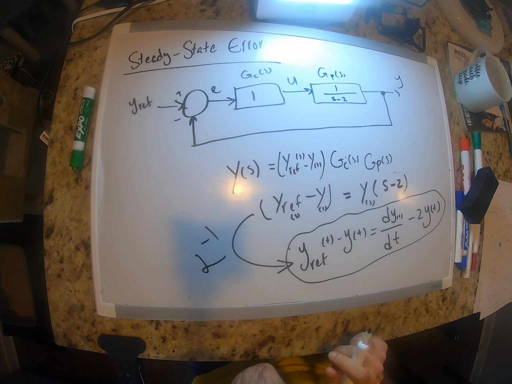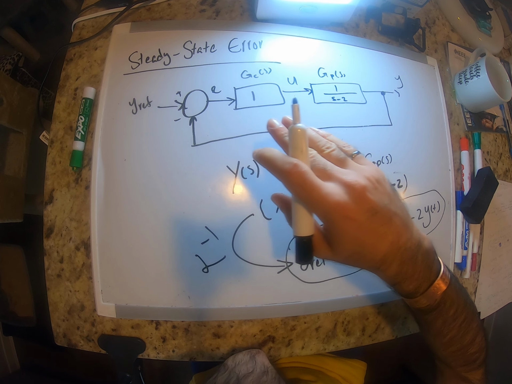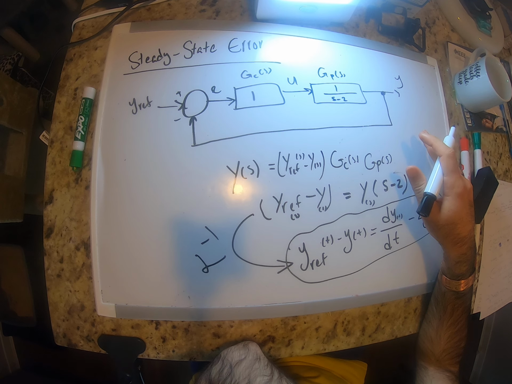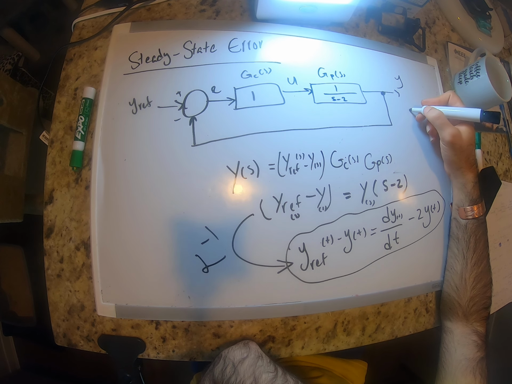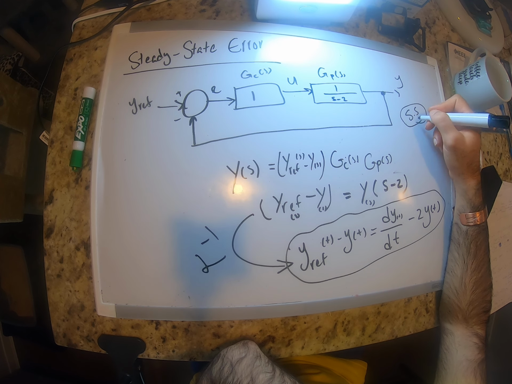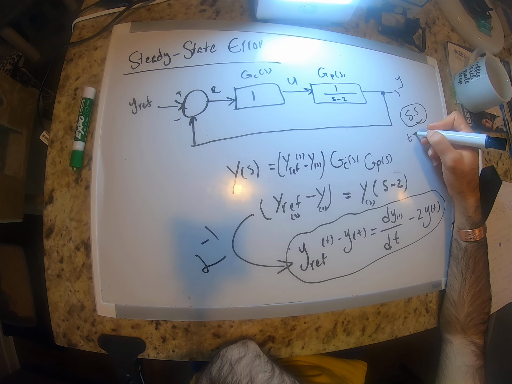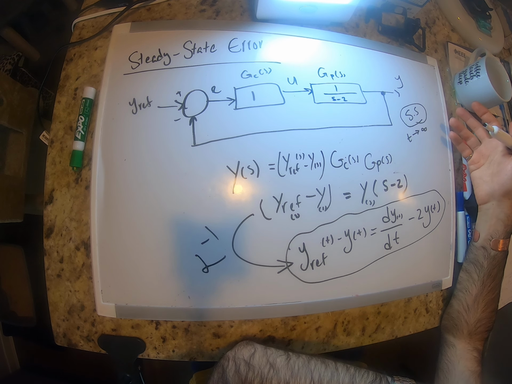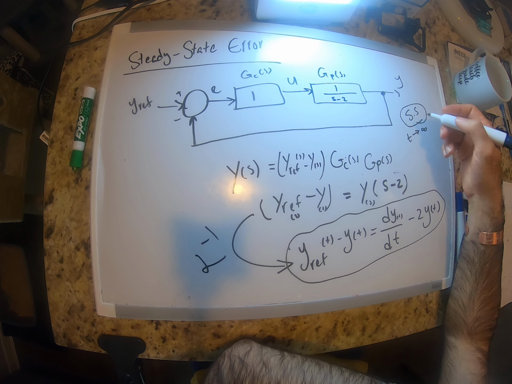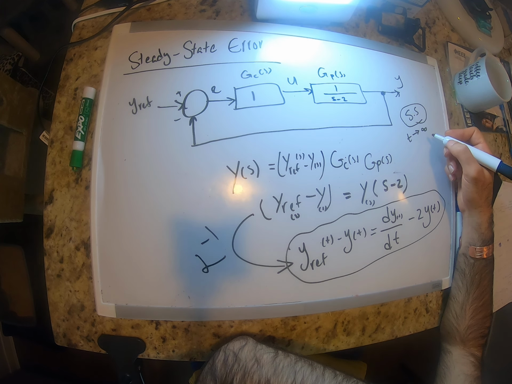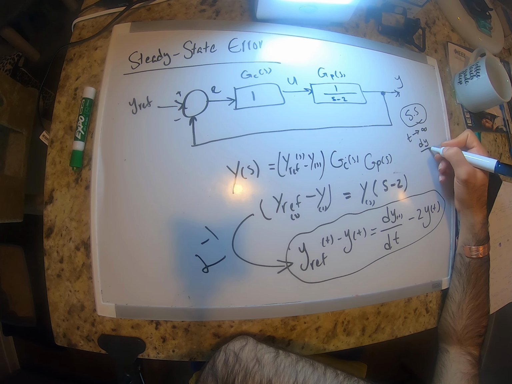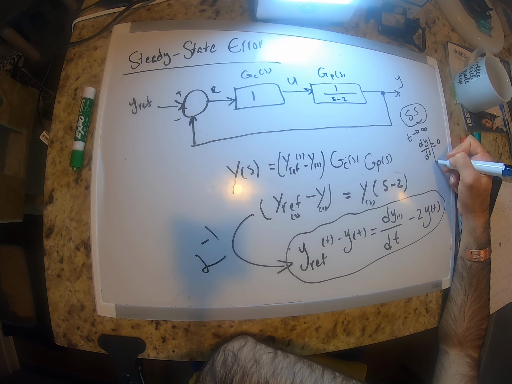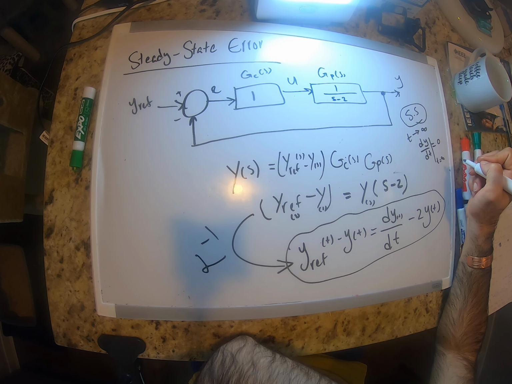Now, at the steady state, assuming that this is a stable system, at the steady state means that when t goes to infinity, there are no changes in our variables anymore. There are no changes in our parameters anymore, right? So it means that dy by dt is going to be equal to 0 at t equal to infinity.